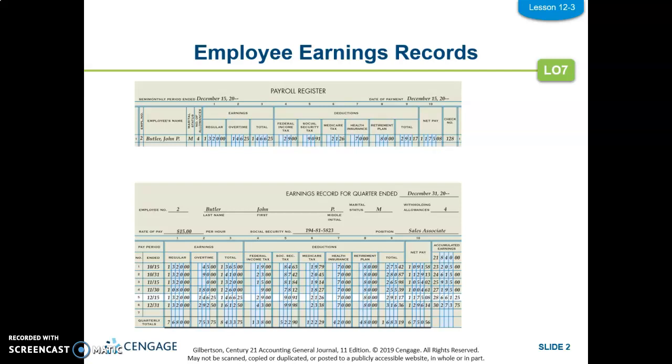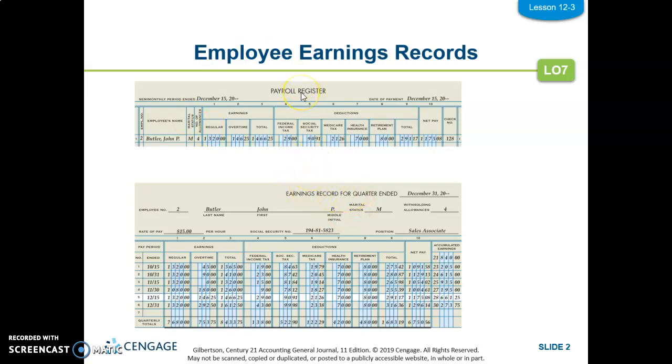So stated another way, business required to send the government quarterly and annually employee earnings and tax withholding. That's going to be part of quizzes and tests for sure. The form that they use to do this is called an earnings record, and it's right here.